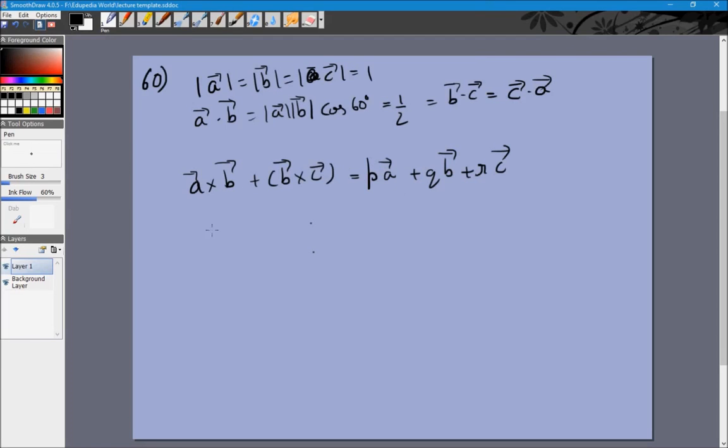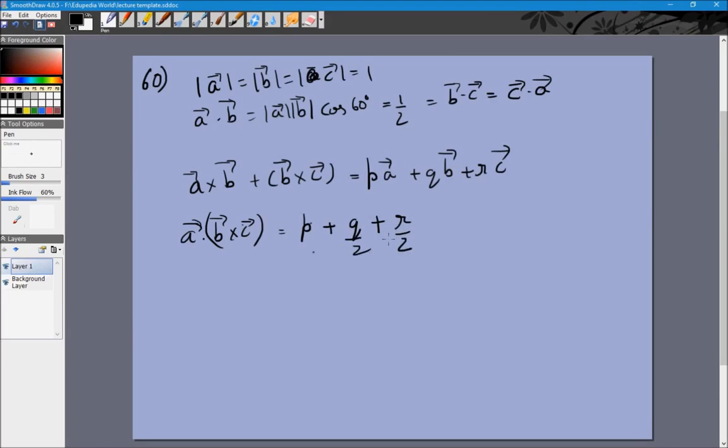If you take the dot product with A, this term will have a dot product with A which is 0. So A dot B cross C is equal to the dot product of A with these terms. So P, the dot product of A multiplied by the dot product of A is just 1, plus Q. Now dot product of B with A is B dot A is half. So plus Q by 2 plus R by 2. Right.